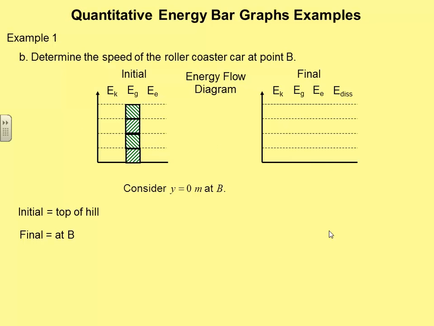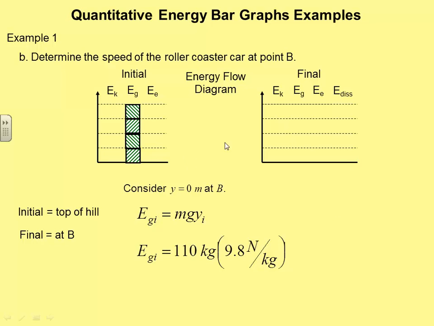And like before, we now can actually calculate how much that will be by using the gravitational potential energy math model, mass times gravitational field strength times initial height. Well, our mass is still 110 kilograms. Assuming we're on the Earth, our gravitational field strength is 9.8 newtons per kilogram. And here's where we have to be careful. What will our initial height be?